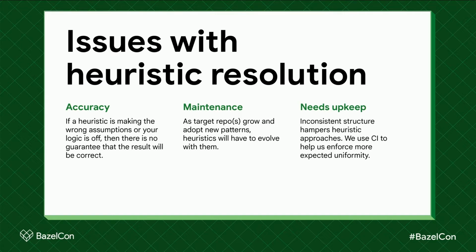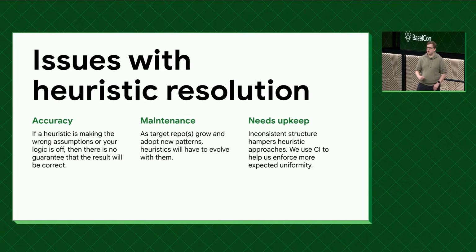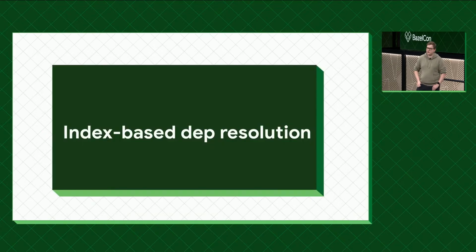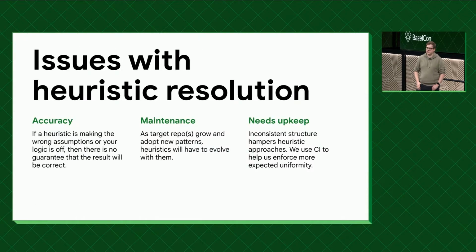But to curb those, you want to create rules, which is another issue with it, that you have to create ways of enforcing this. So it's actually making lints or whatever. Yeah, it requires some upkeep. And then you also have to maintain it. So if there's ever any new conventions in your repo, you have to maintain the tool, which is kind of a drawback.